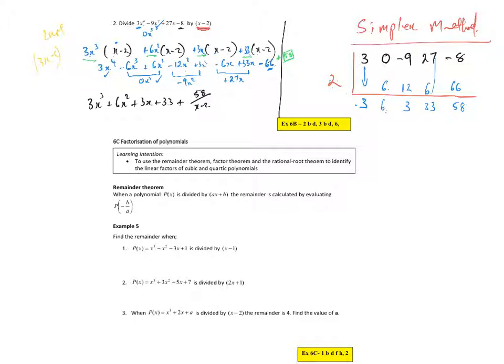So that means I get a remainder of 58. So I get 3x cubed plus 6x squared plus 3x plus 33 plus my remainder, which is 58 over x minus 2.